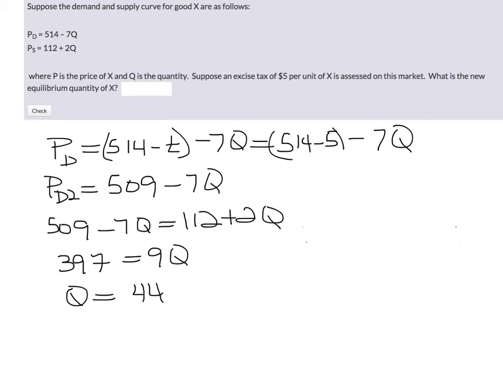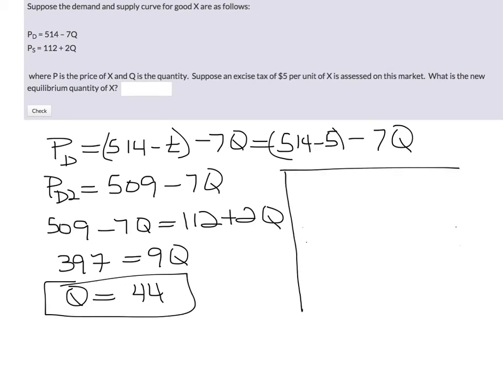Now notice that if we had instead put the tax on the supply, we would have gotten the same answer. So let's try that. When we put the tax in the supply, we raise that intercept by 5. So the new supply curve would be 117 plus 2Q.